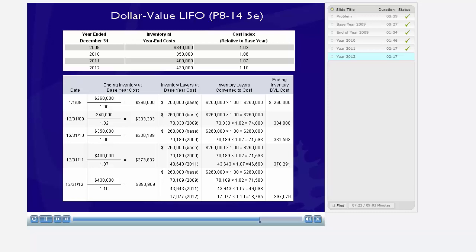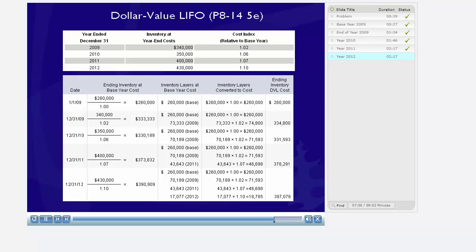$390,909. Now that amount is higher than the ending inventory base year cost as of the prior year, so we know we've got another layer to add. And the difference between the 390.9 thousand and the 373.8 is about 17,000. In fact, the actual number is 17,077, which you see is the last layer we're adding under the inventory layers at the base year cost.